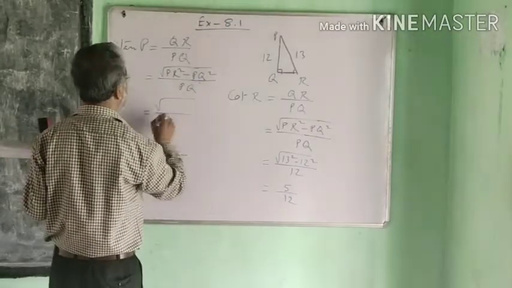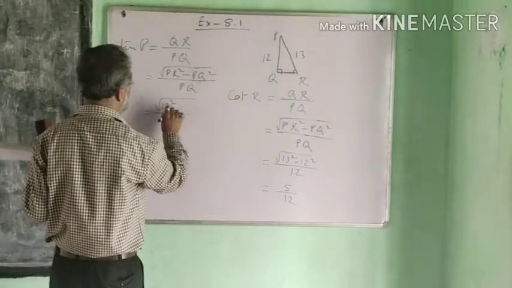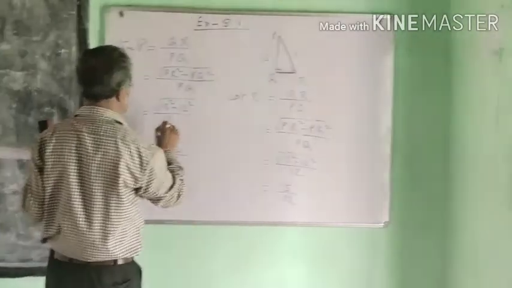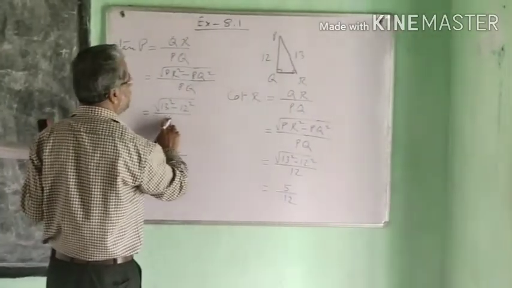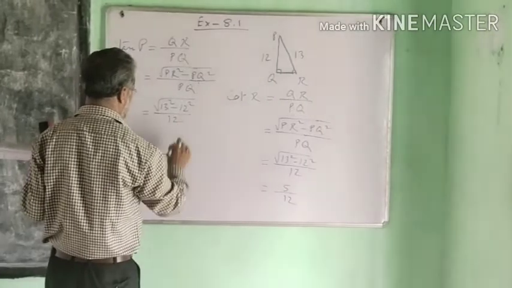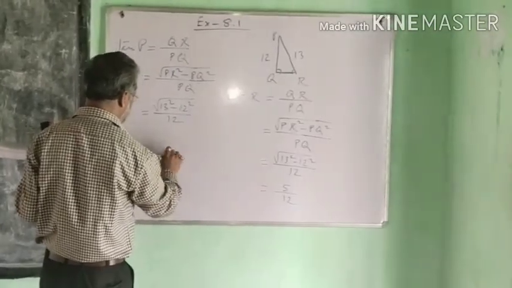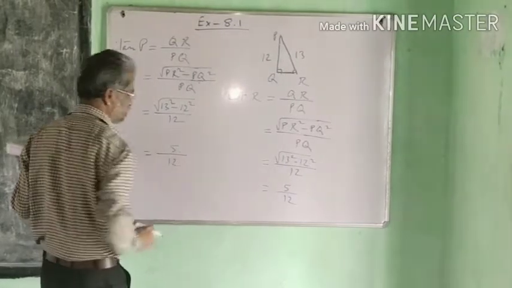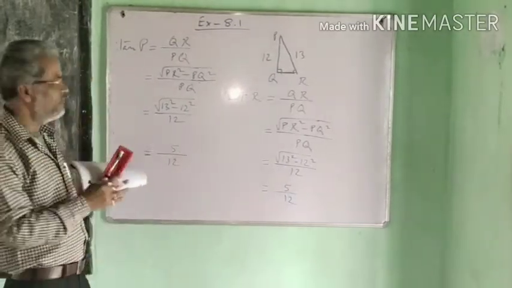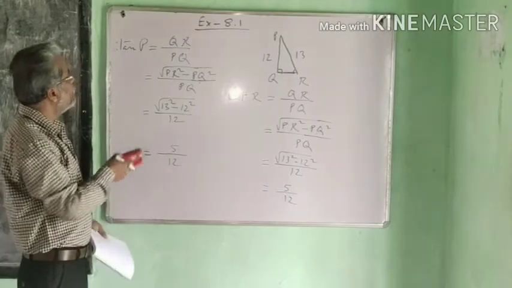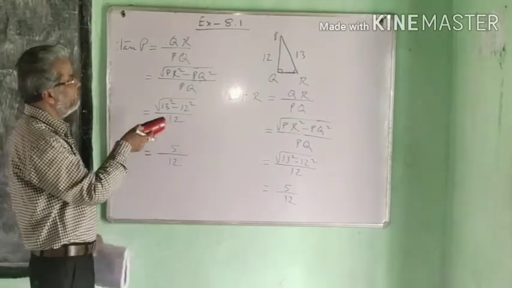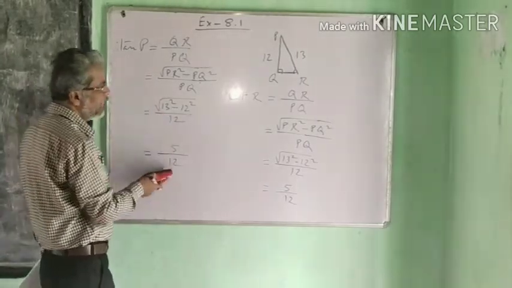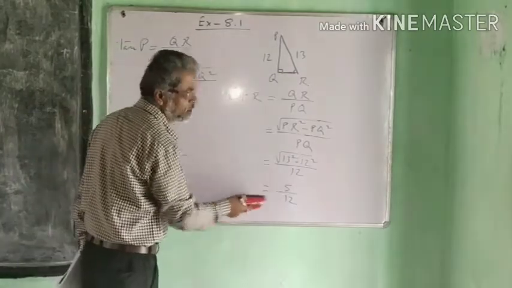So ultimately it will be root over 13 square minus 12 square by PQ is 12. So ultimately it is also 5 by 12. We just took the reverse ratio. So both are 5 by 12. Tan P is 5 by 12, cot R also 5 by 12.